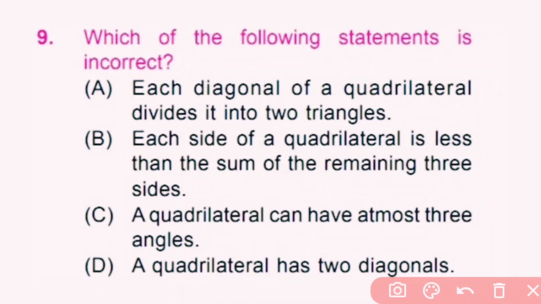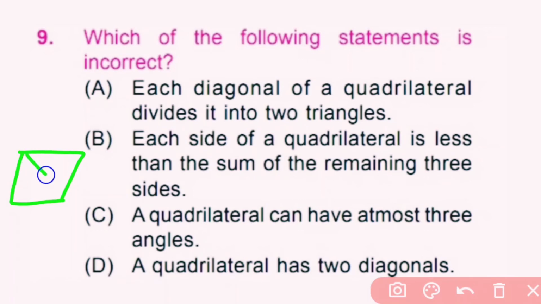Question number 9. Which of the following statements is incorrect? Statement A: each diagonal of a quadrilateral divides it into 2 triangles. B: each side of a quadrilateral is less than the sum of the remaining 3 sides. C: a quadrilateral can have at most 3 angles. And D: a quadrilateral has 2 diagonals. A quadrilateral is a polygon with 4 sides.